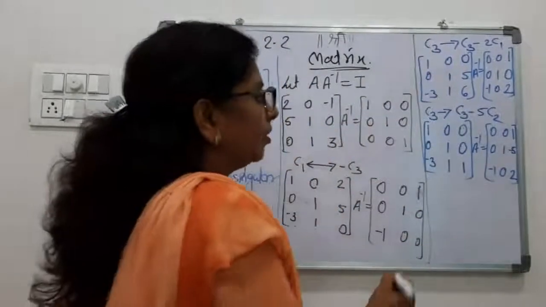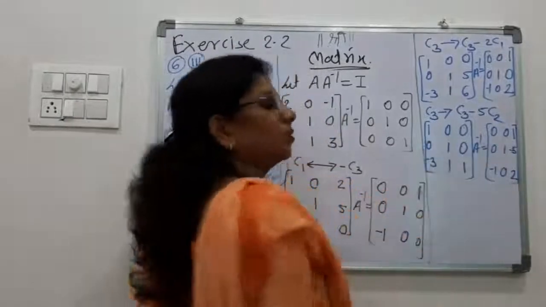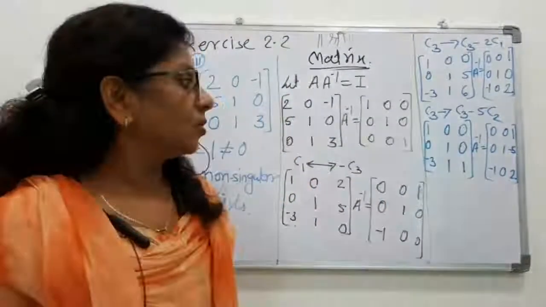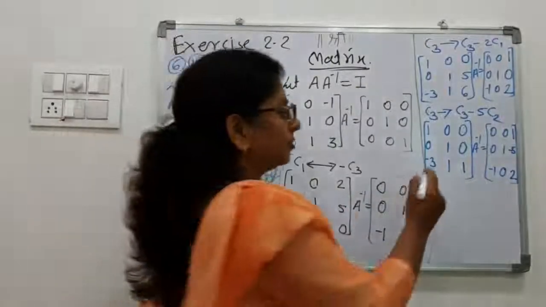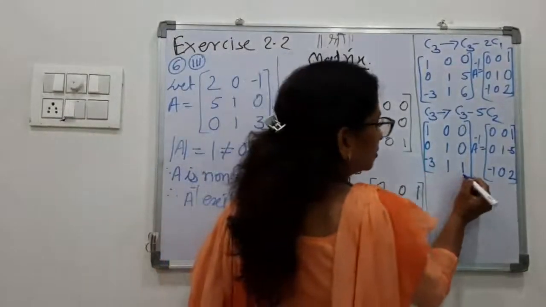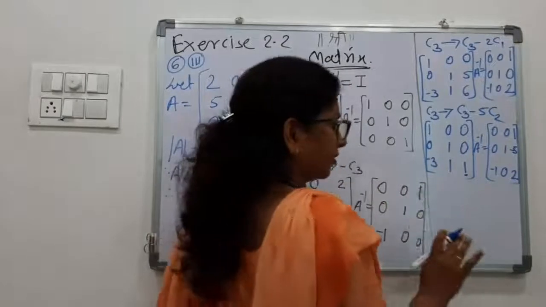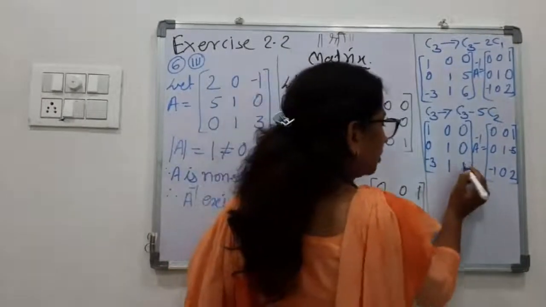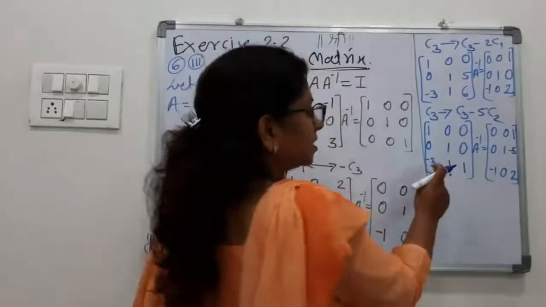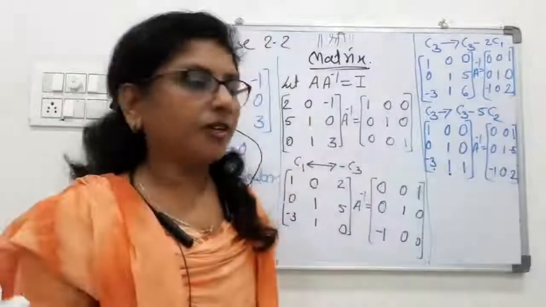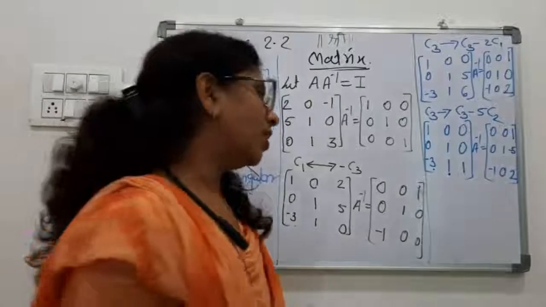Okay, now second row is over. Second row is over means what we wanted in second row we got it. Now come to third row. Here we want 1, it is already there. Now with the help of this 1 we will bring 0 here and 0 here. Because C1 and C2 both are independent, we will do the task at a time.